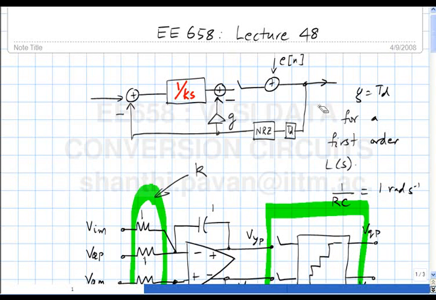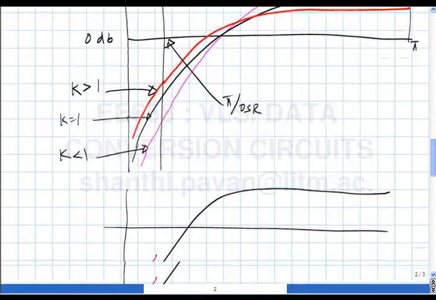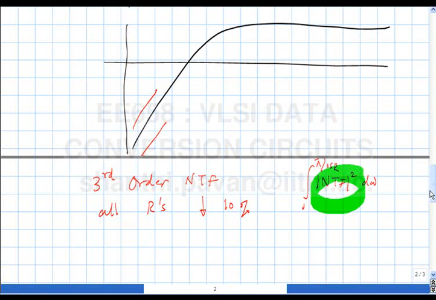One way of understanding: do you think the stuff is more problematic when the RC time constants decrease or when they increase? When the RC time constants decrease, the in-band performance goes down, and the out-of-band area goes up. So it is probably the decreasing time constants that are the more problematic case.